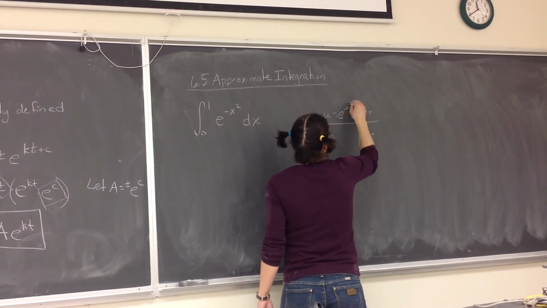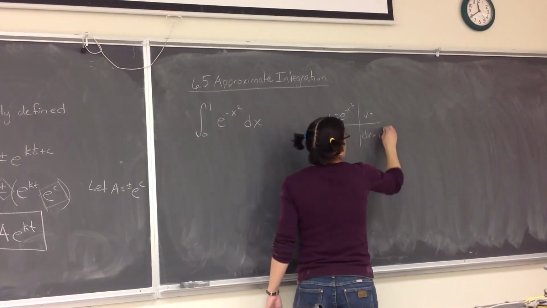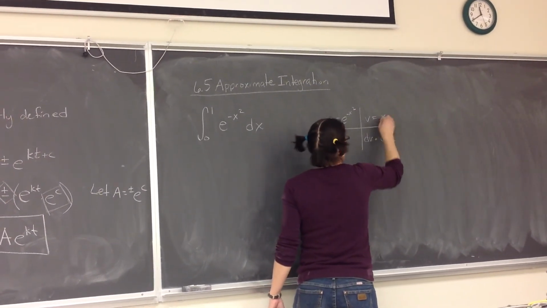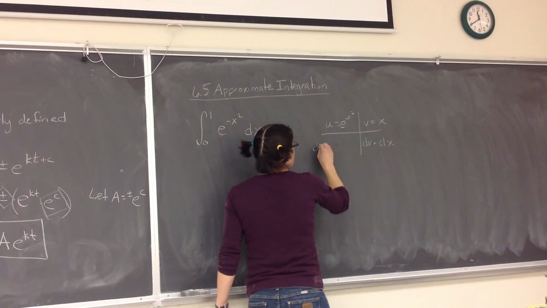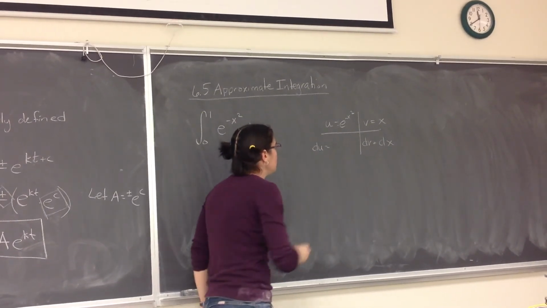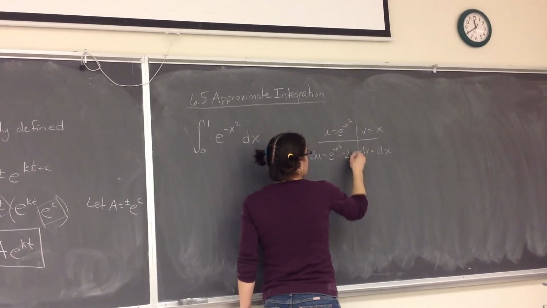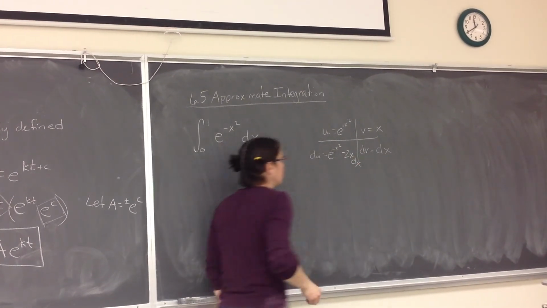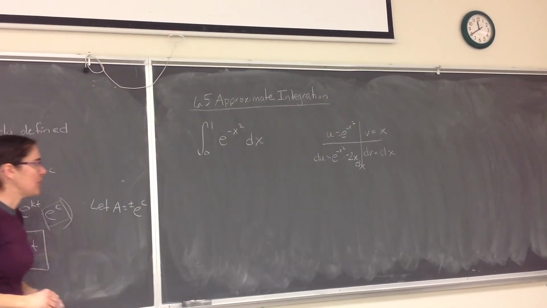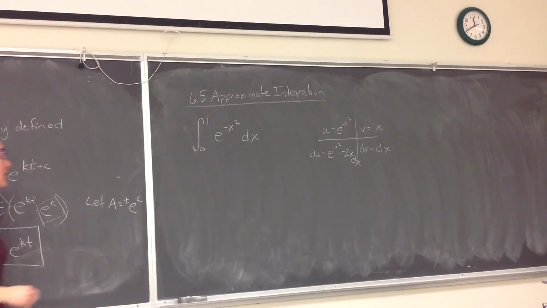Let's see what happens here. dv is dx, so v is equal to x. And du is going to be the derivative of the outside, keeping the inside the same, times the derivative of the inside. So we have e to the negative x squared times negative 2x dx.